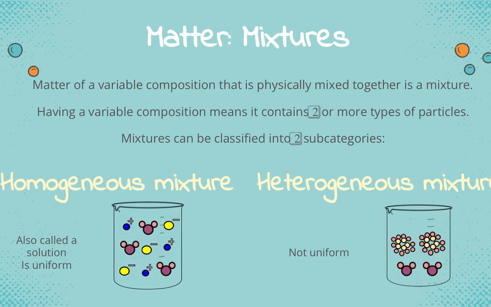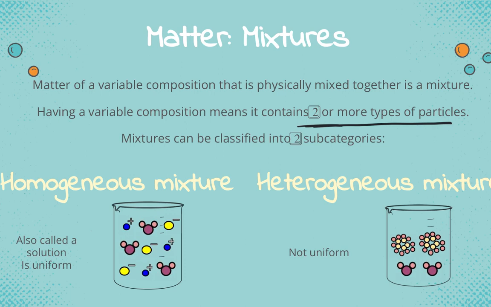Which leads us to mixtures. Getting back to the second bullet point we had from the very beginning, mixtures have variable composition, and they are physically mixed together. Having a variable composition in this case means two or more types of particles, not two or more types of atoms or ions.